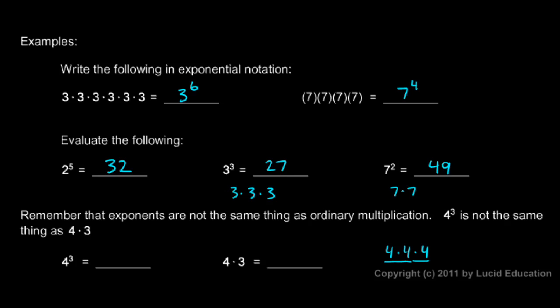And then times 4 again. 16 times 4 is 64. 4 times 3 is simply 12. And so you see that 4 to the power of 3 is very different than 4 times 3. So again, don't confuse the two. It's common to see people mixing the two up. 4 to the power of 3 is an entirely different thing than 4 times 3.